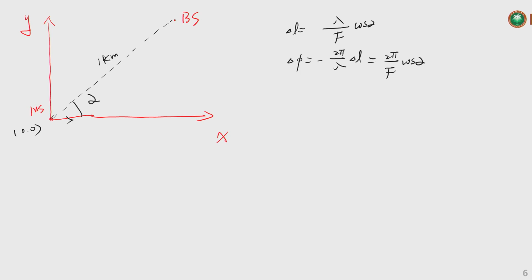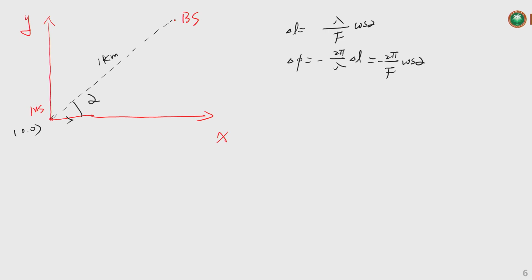So now, when alpha is smaller than 90 degrees. Oh, sorry, let me see. It should be 90.